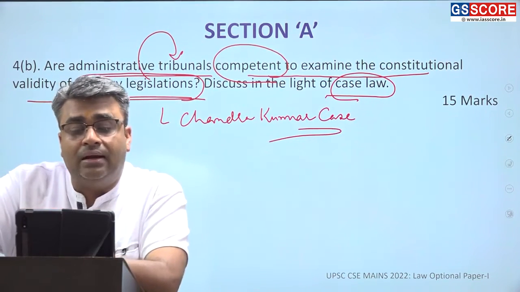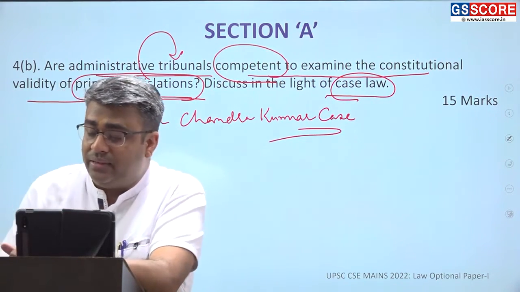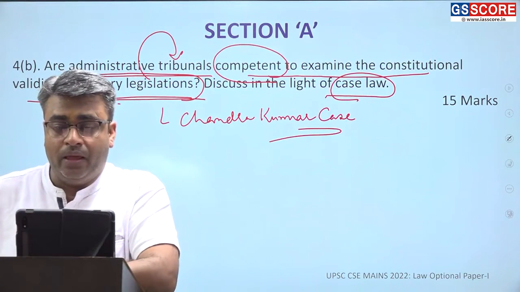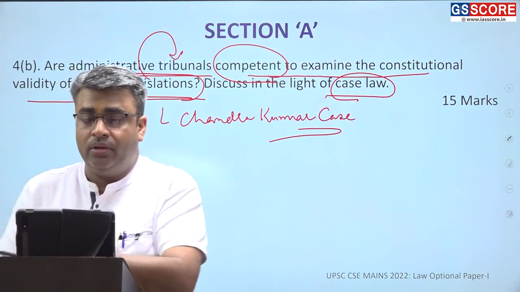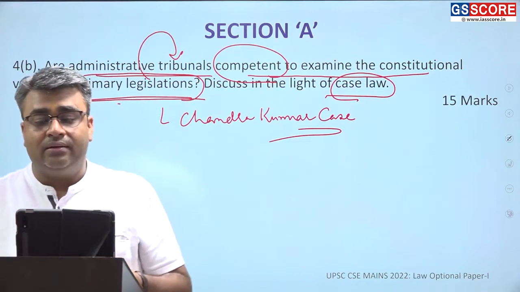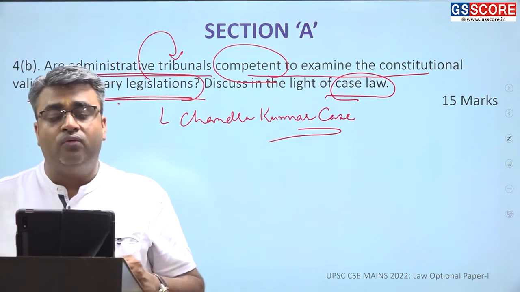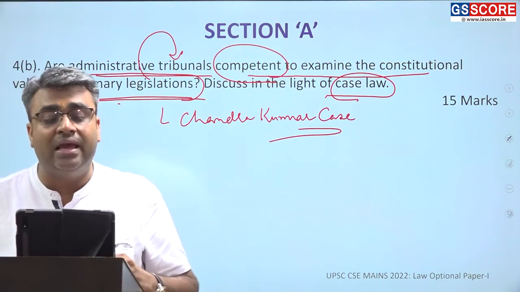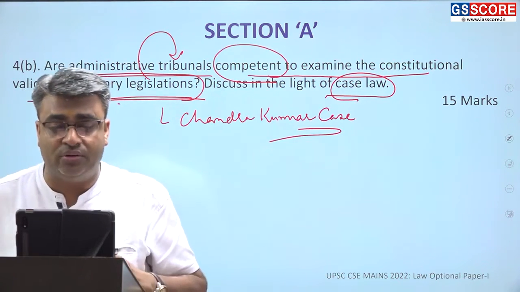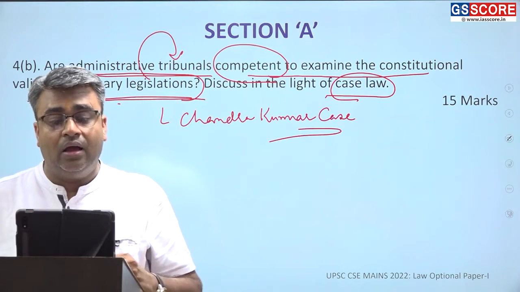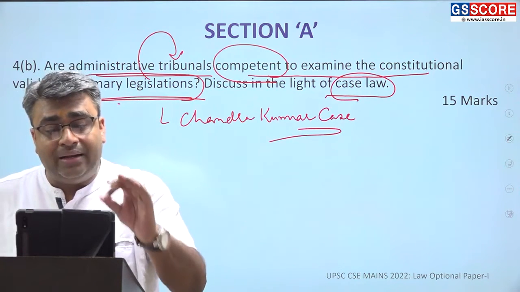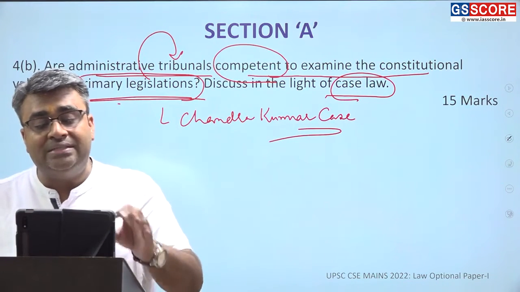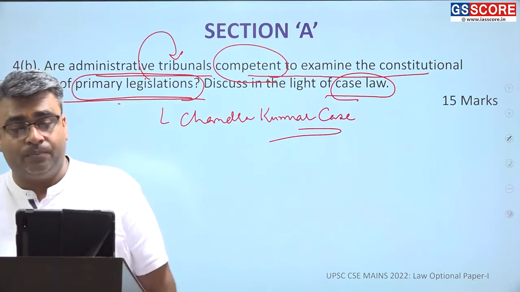Tribunals established under Article 323A and 323B have the authority to investigate the legality of subordinate legislation, but they are not permitted to investigate the legality of their parent laws.